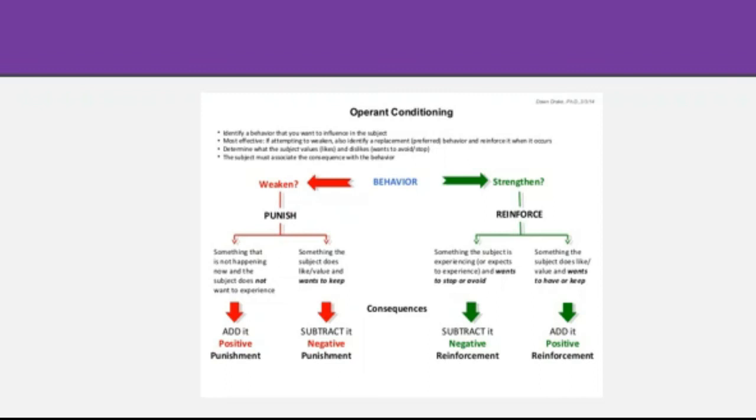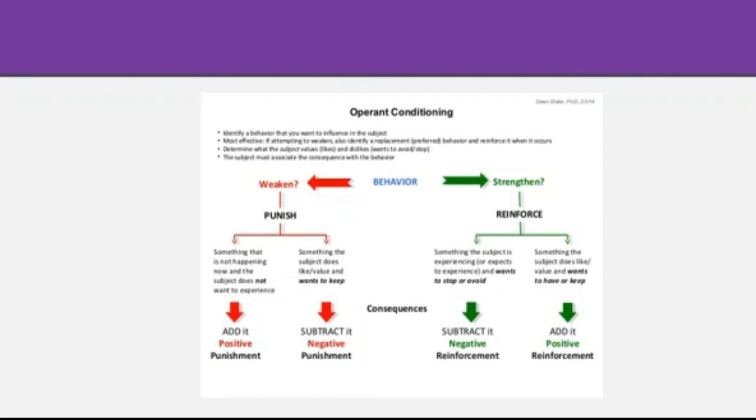Sa negative reinforcement, may something the subject is experiencing or expects to be experienced, and now para lumabas yung something na yun, you are taking away something to the baby. Sa positive reinforcement naman, nagbibigay ka ng something para ma-strengthen yung gusto mong behavior, yung desired behavior.